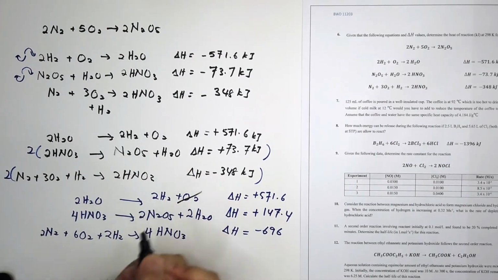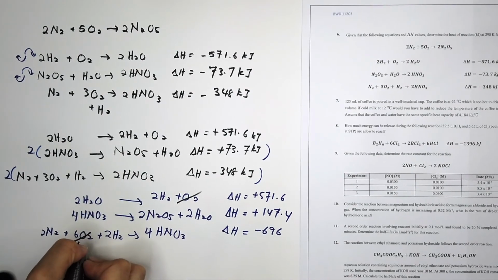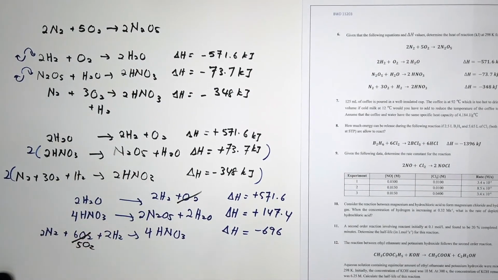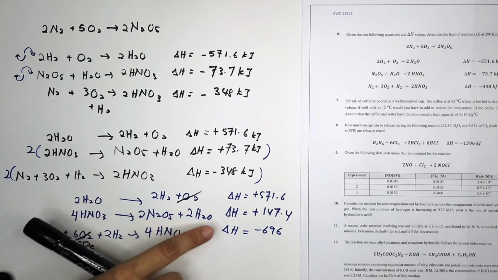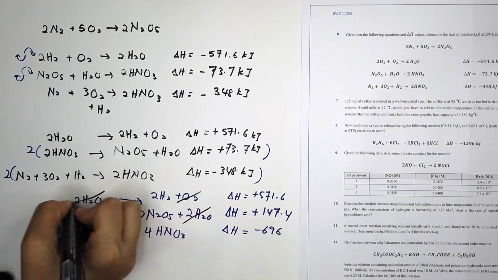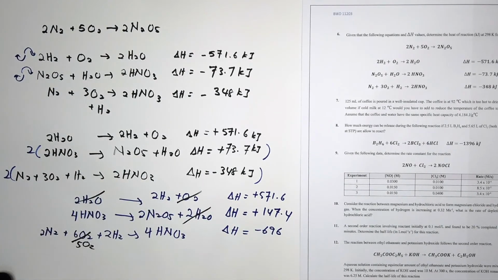So this one can go away, making this 5 O2. Do we need water? We don't need water in the target equation, right? So we need to remove this. We have 2H2O here and 2H2O here, so this one can go away as well.